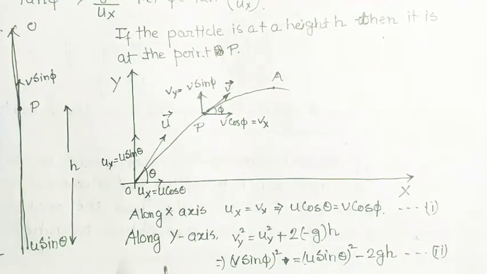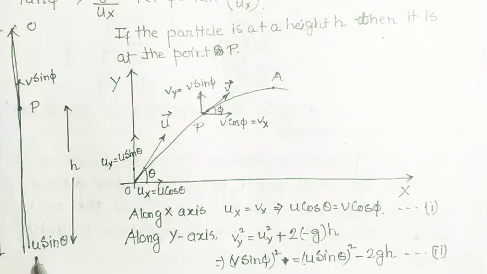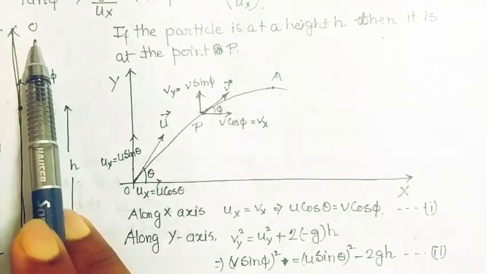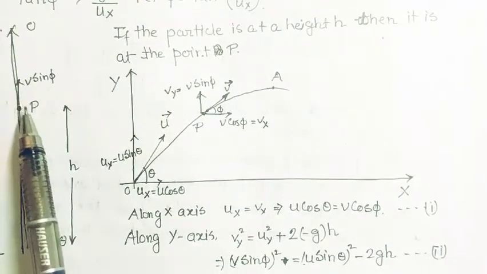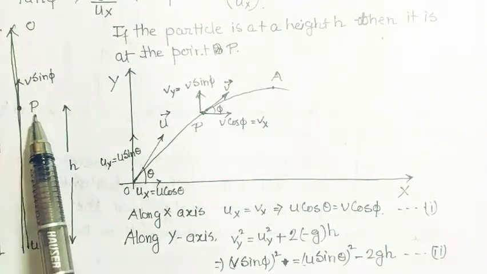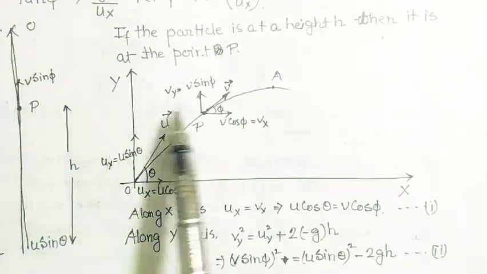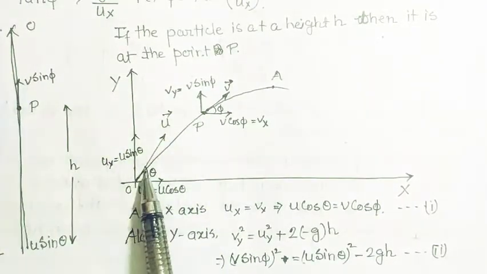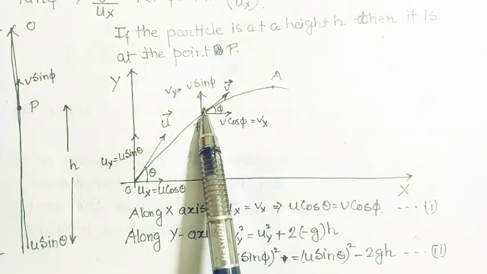But does the same thing follow in case of the y-axis? You will say no. At the point of projection, the velocity is u sin theta. When the particle reaches the maximum, the velocity is 0. When the particle is at the point P, at that time its velocity is v sin phi. So the u sin theta changes into v sin phi.